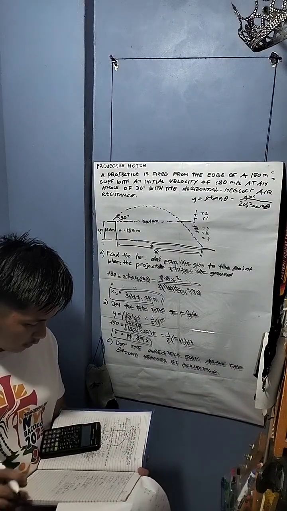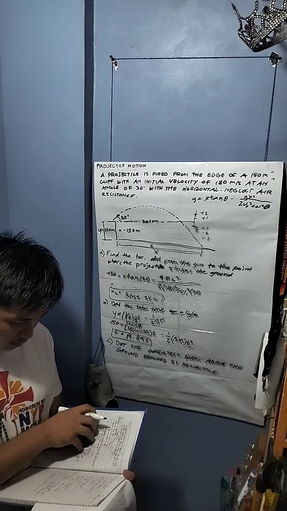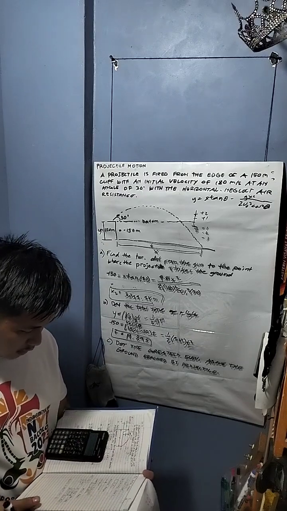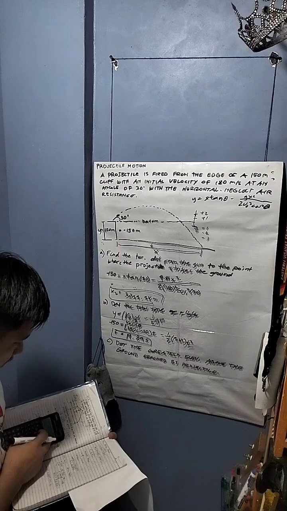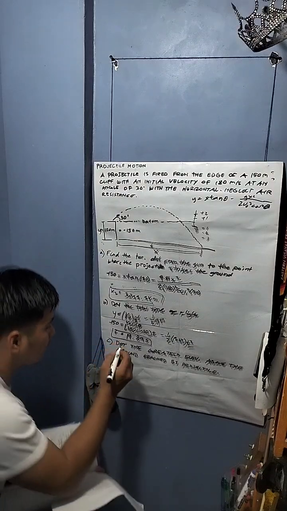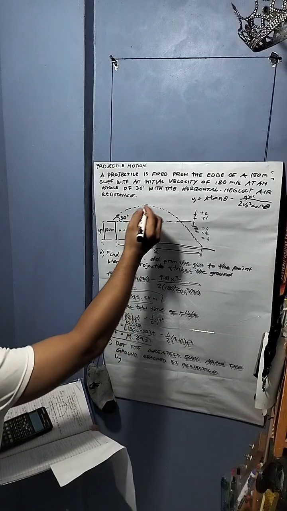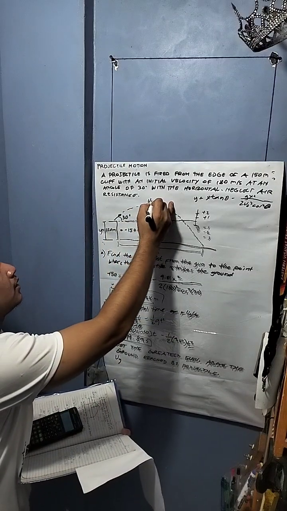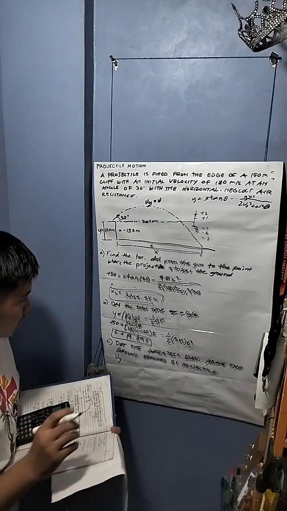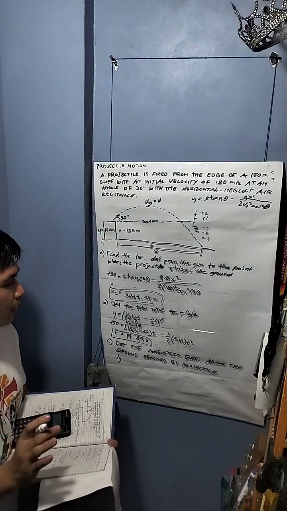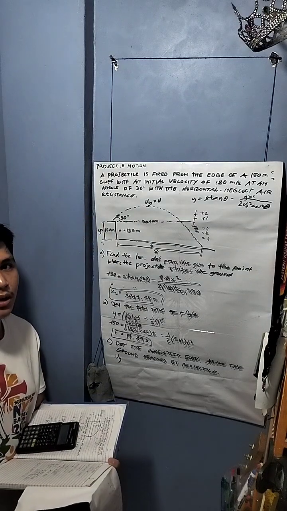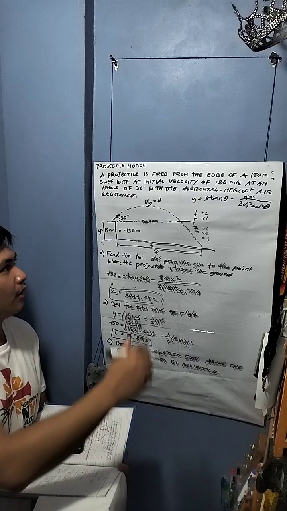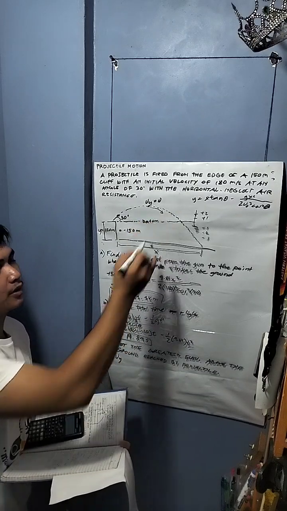So, to find the highest point taken by our projectile, we will note the velocity. We know that the velocity at the highest point is equal to 0. Since it is asking the highest point, we assume that it is the point wherein the velocity is equal to 0, since it will go down after it reaches the highest point, right?